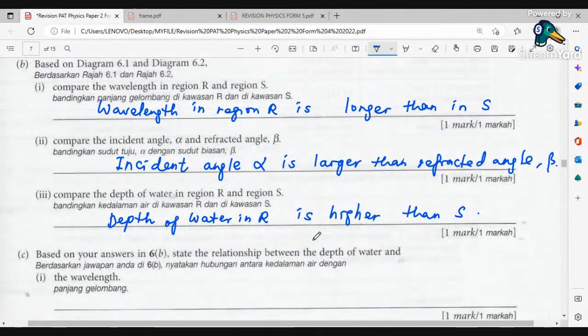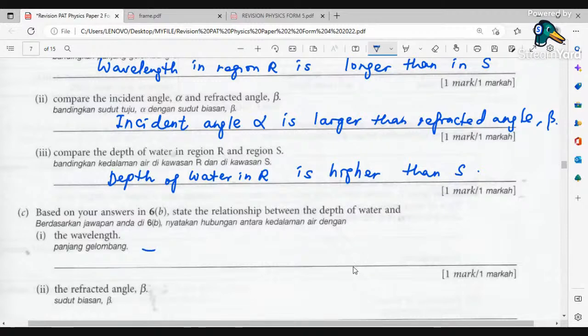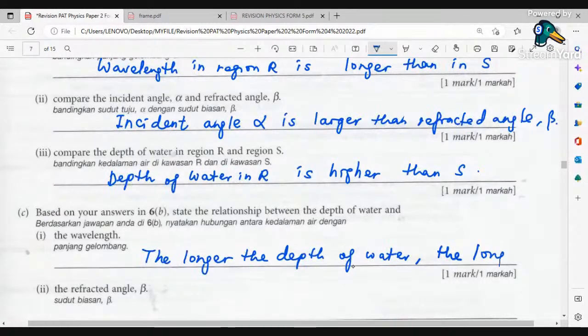Okay. Based on your answer, state relationship between depth and wavelength. The longer the depth or the higher the depth of water, the longer the wavelength. Soalan macam ni dia mudah you all dapat markah sebab all answers are in the diagram or given in the question.